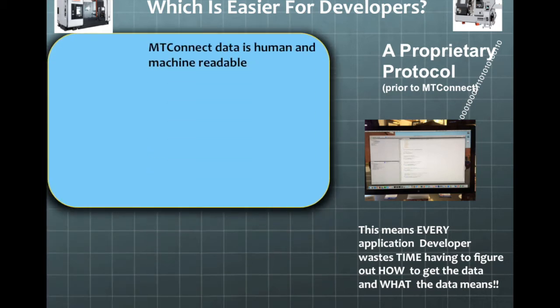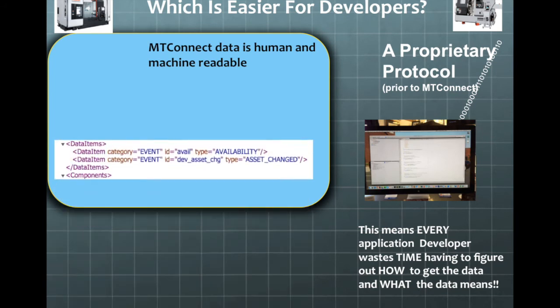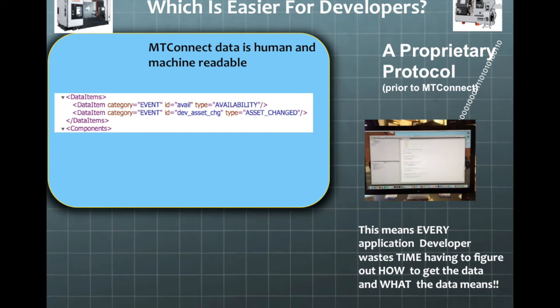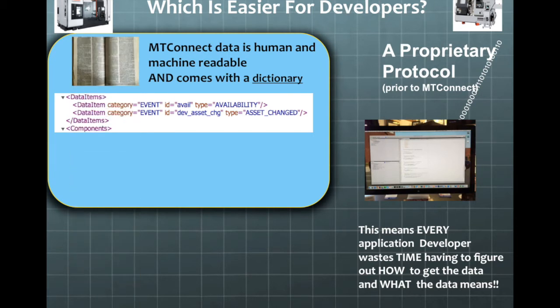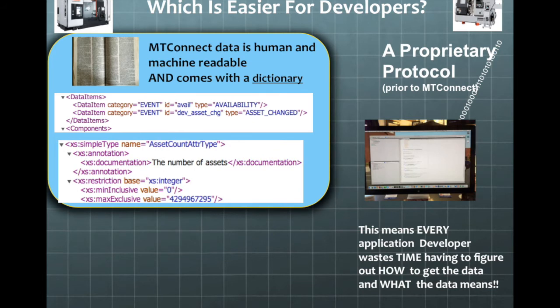Since MTConnect is based on XML, it is both human and machine readable. Here are a few examples of what MTConnect will show. Here's something from the asset part of the dictionary, showing what some of these IDs mean and their types.